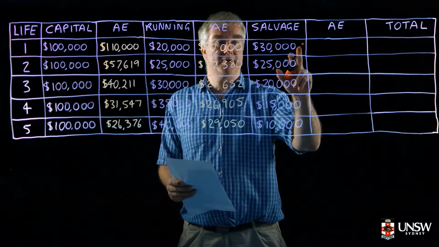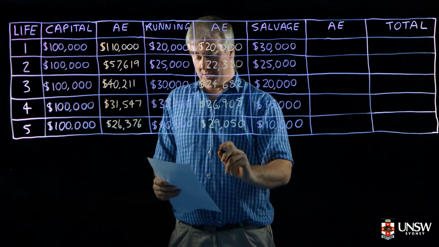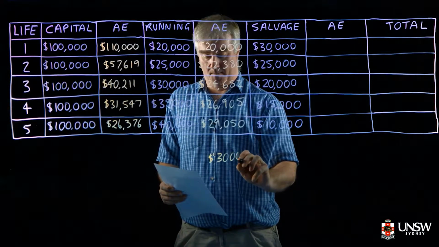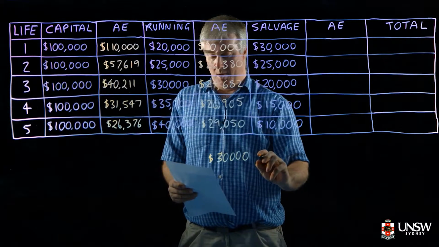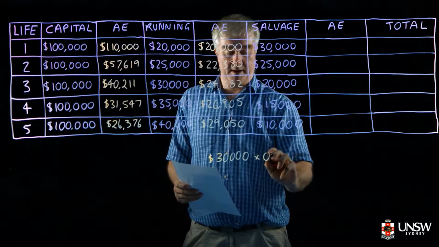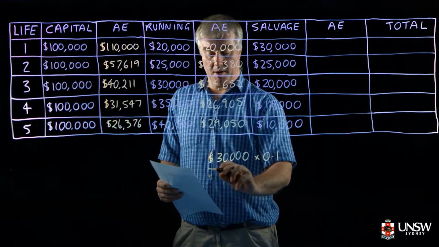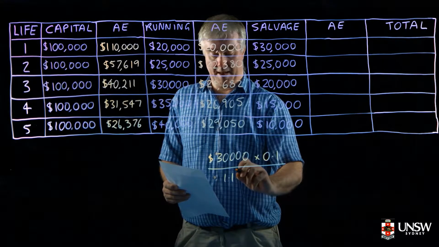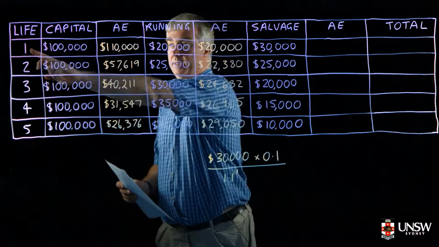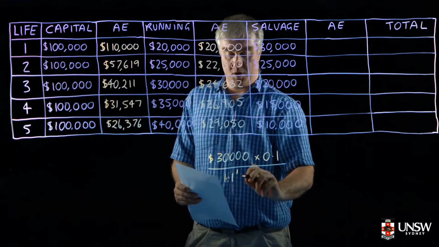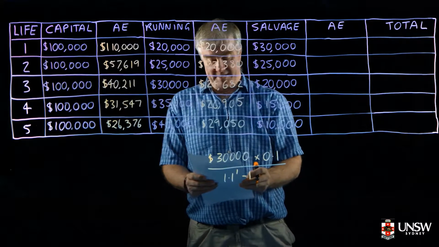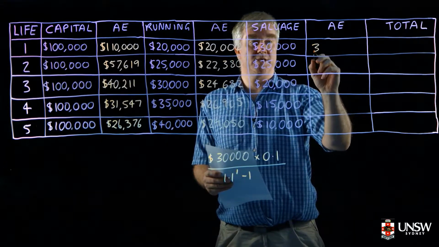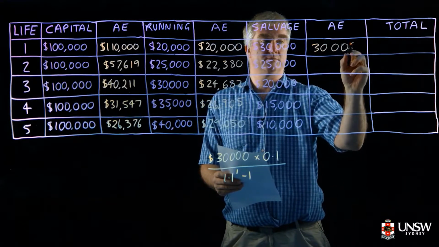For the first year, we've got $30,000 times our discount rate divided by 1.1 to the power of, for the first year it will be 1 minus 1, which gives us $30,000.